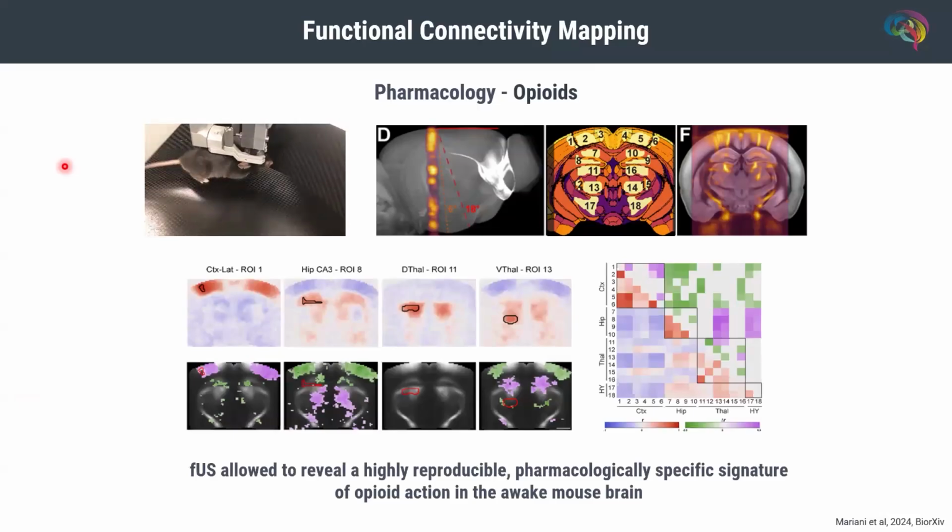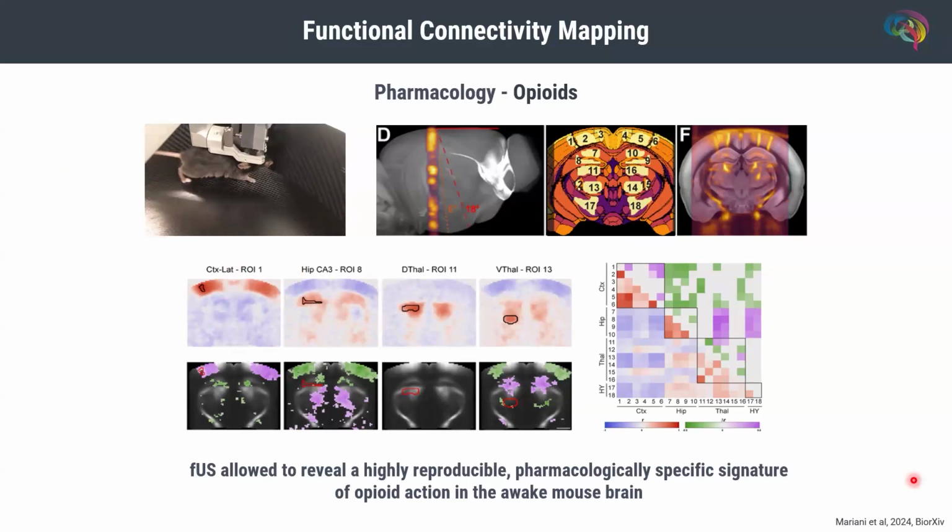They found that opioids consistently induced a marked reorganization of brain networks with a disruption of the cortical-subcortical connectivity. So instead of having connections between cortex and subcortical structures, there was an increase in the intracortical and intrasubcortical connectivity, as you can see from these maps.